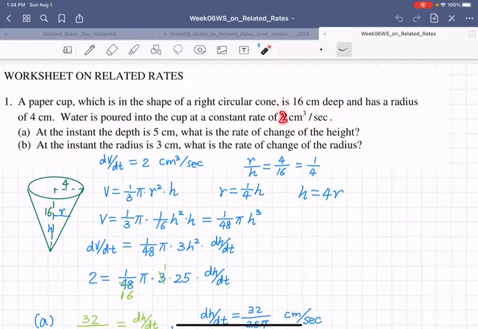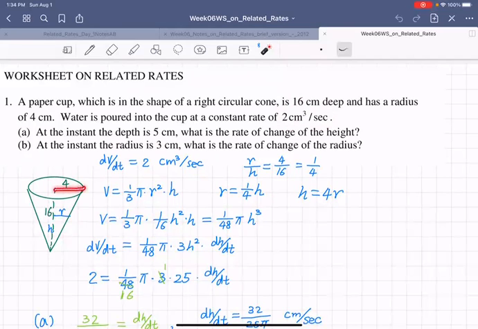So we were told that the water was poured in at this rate. So the rate of the volume change is dV over dt. dV over dt equals 2 centimeters cubed per second. This is a given condition.